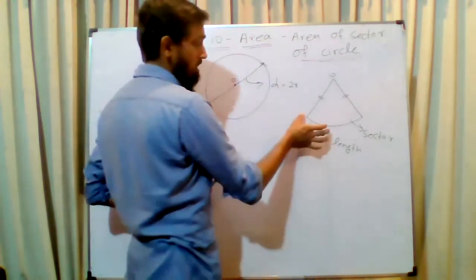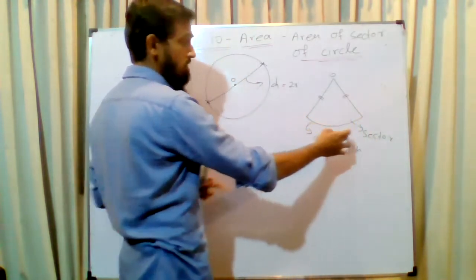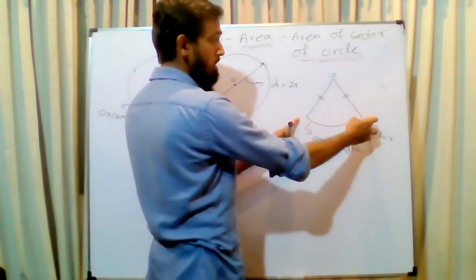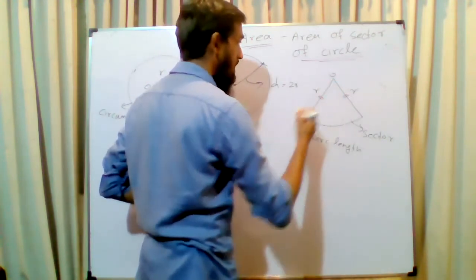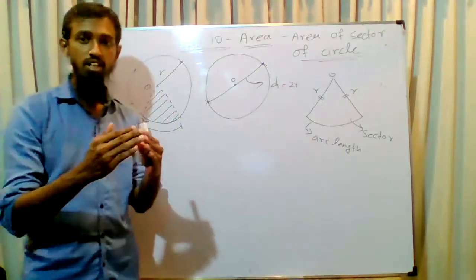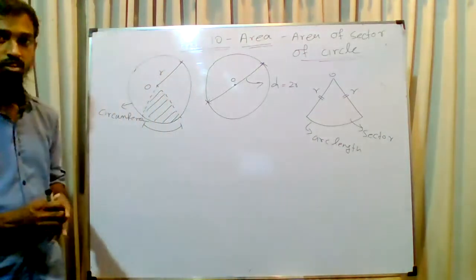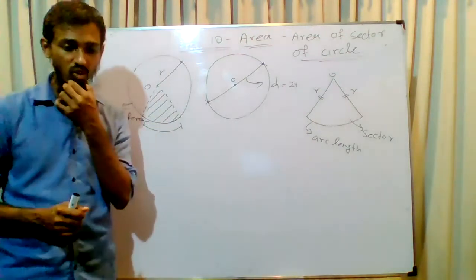The distance between the circumference and the center is the radius. In other words, a sector is covered with radius. Those are the key elements we need to recall.